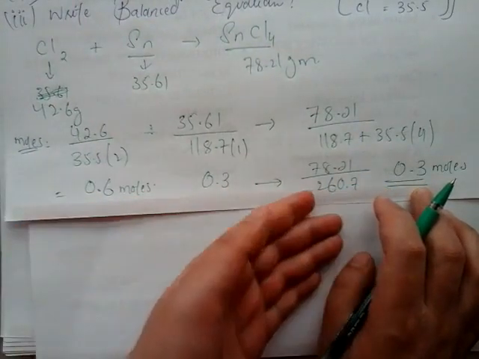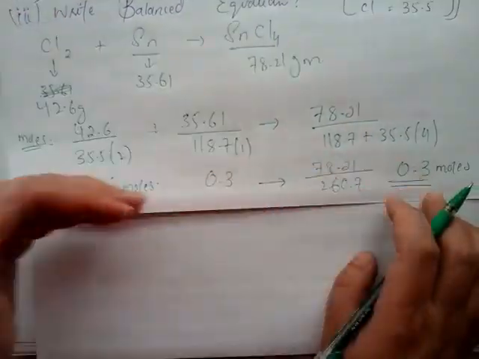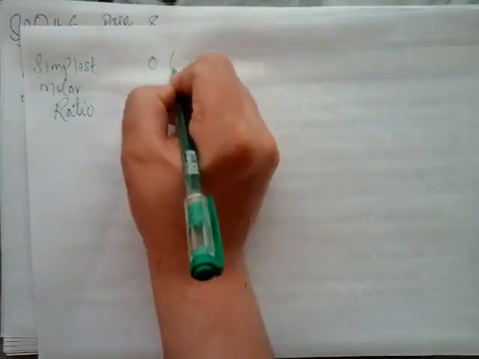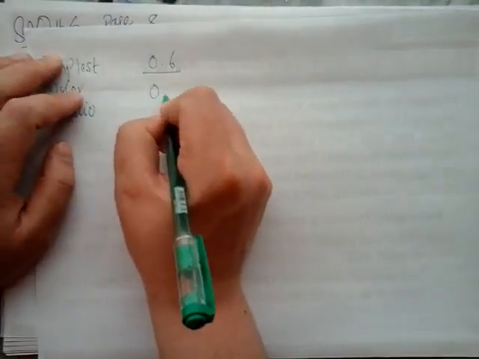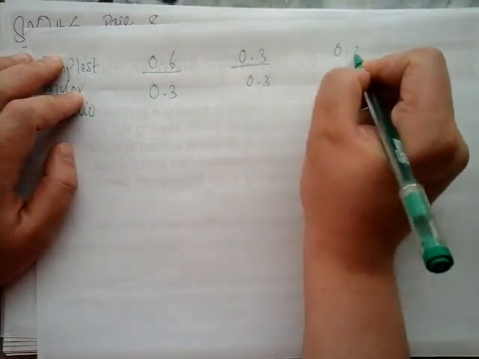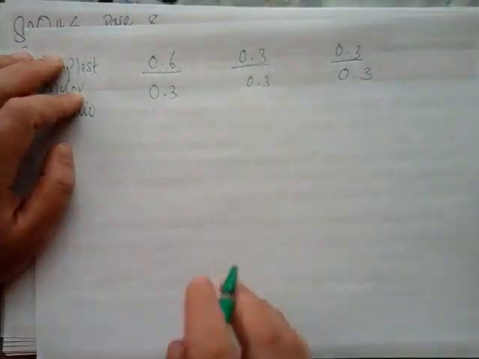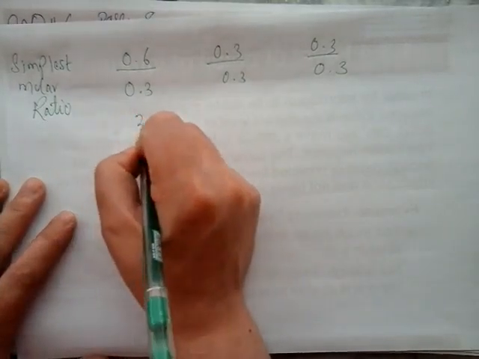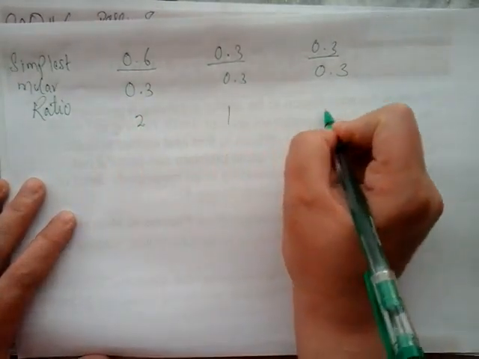The smallest is 0.3, so we'll divide all these three values by the smallest number. So 0.6 divided by 0.3, 0.3 divided by 0.3, and 0.3 divided by 0.3. So definitely it will become 2, 1 and 1.